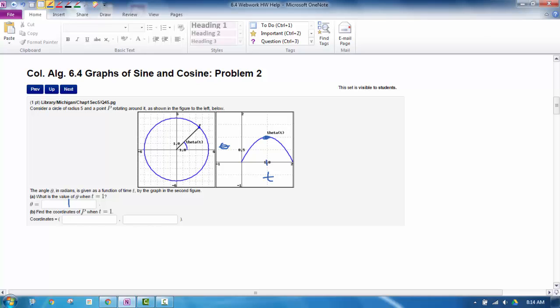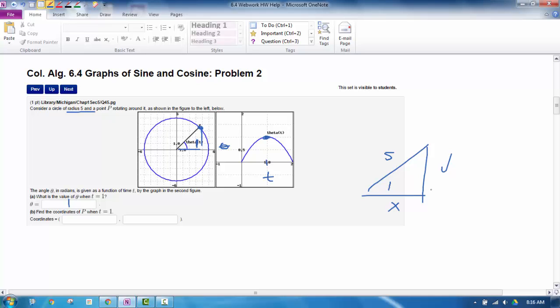And then they say find the coordinates for P when t is 1. So over here now, if my angle is 1 radian, what are my coordinates for point P right here? Well, just take this triangle over here where you have 1 radian here, and they told us for mine the radius was 5, so I want to find the coordinates x and y.